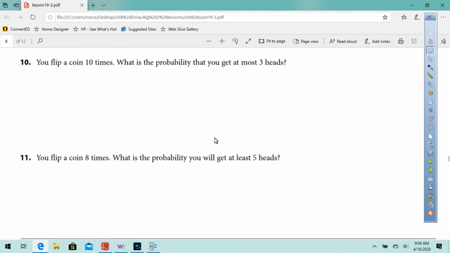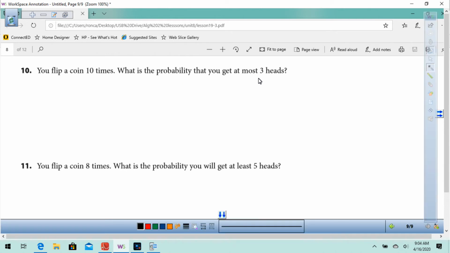Number 10, you flip 10 coins. What is the probability you get at most 3 heads? So we're going to look for the probability that R is less than or equal to 3, which is the probability of 0 plus the probability of 1 plus the probability of 2 plus the probability of 3.